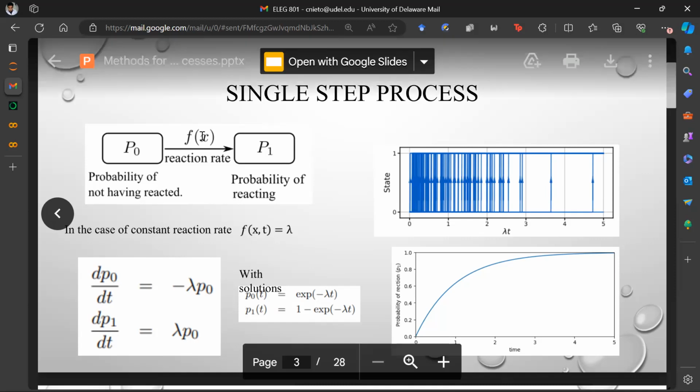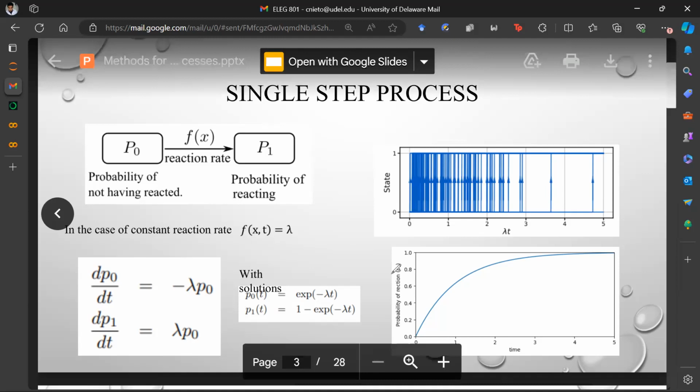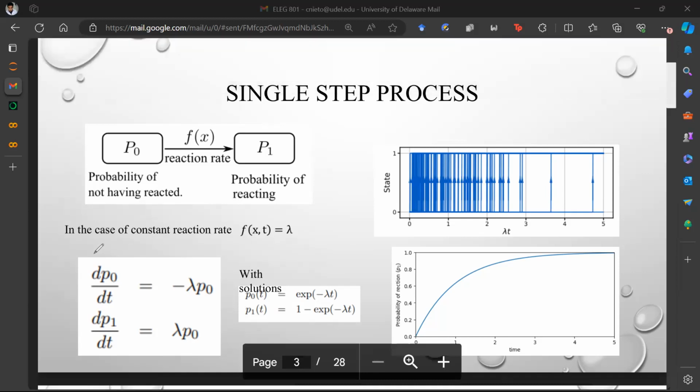And we define here a reaction rate that can be a function of x. X in this case is our number of molecules or our state, can be 0 or 1. So usually what you use here is something called the master equation or Kolmogorov equation, but we are going to call it the master equation.